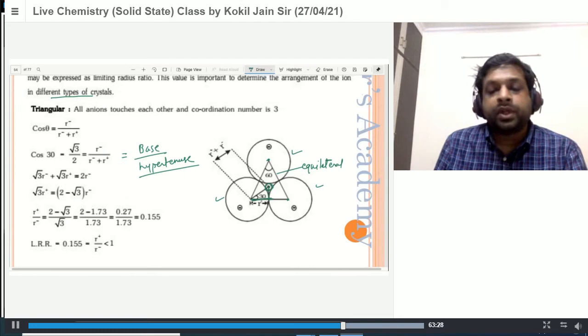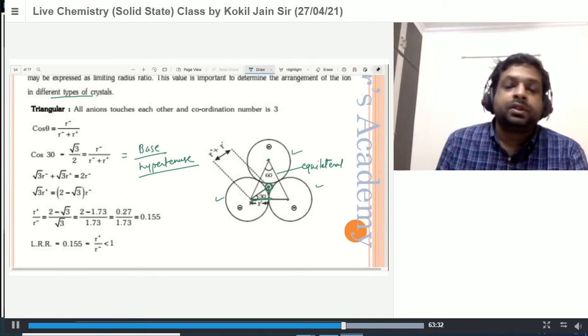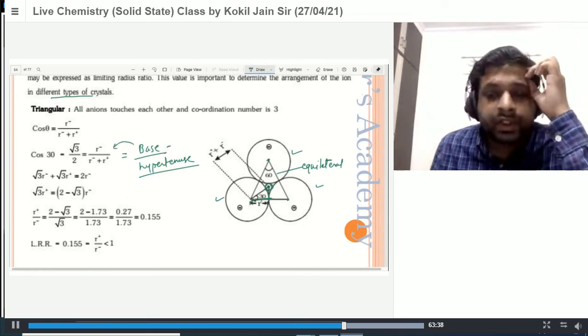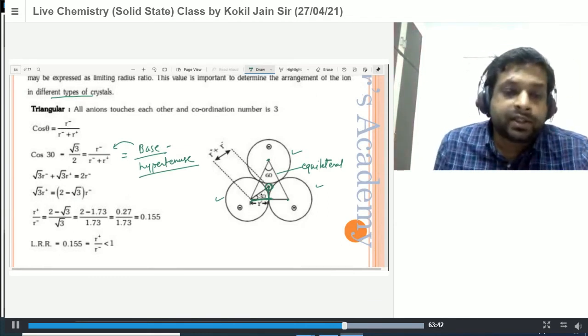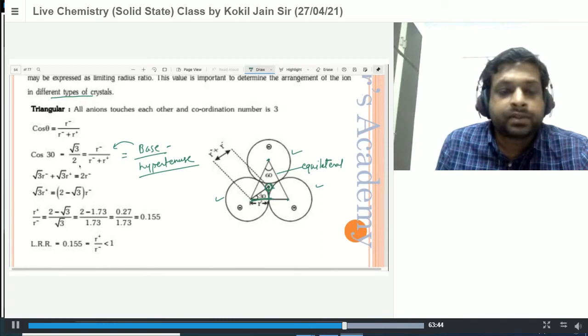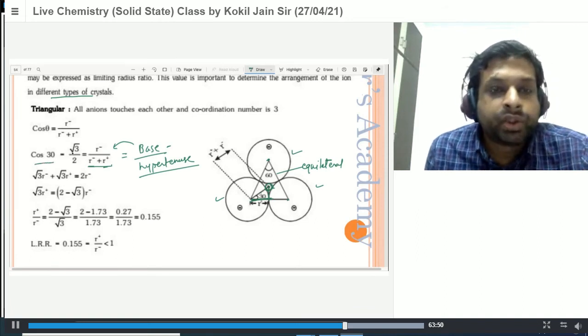We are putting a perpendicular from the center of the cation. This is R minus, and this hypotenuse is the combination of the radius of the anion and the radius of the cation, R minus plus R plus. This is your cos theta, root 3 by 2 here.